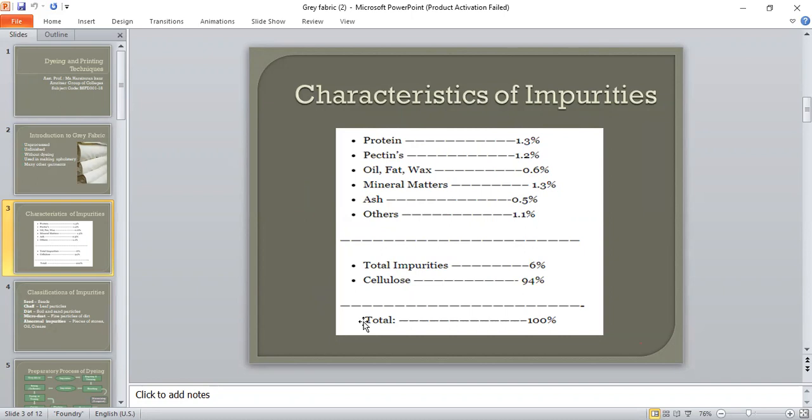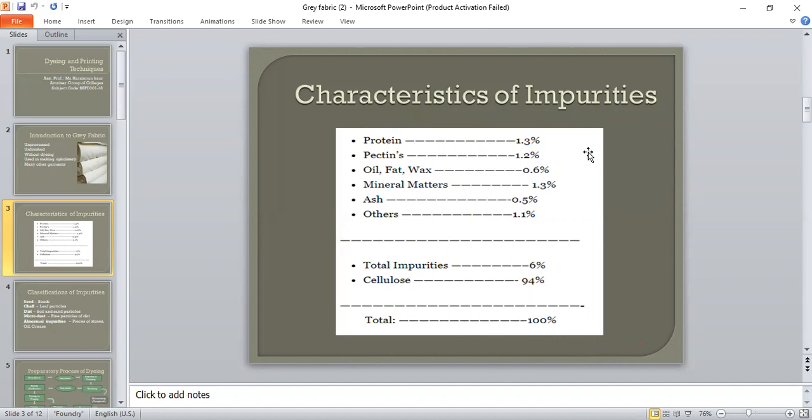वैसे total कितनी होगी? 100%, in which total impurities are protein 1.3%, pectins 1.2%, oil, fat, wax 0.6%, mineral matters होंगे 1.3%, ash 0.5%, and others 1.1%, and total are 6%, and cellulose 94%, and add करके कितनी होगी total? 100%.